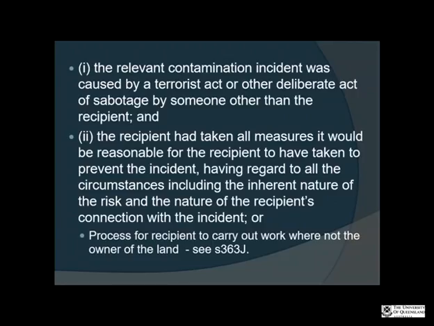So this has historically been a problem that we encountered: the person with the deep pockets was not the person who had consent or a right to enter the land and actually start interfering with it. And so now there's a mechanism that allows that to take place. And that's section 363J, down at the bottom of that slide.